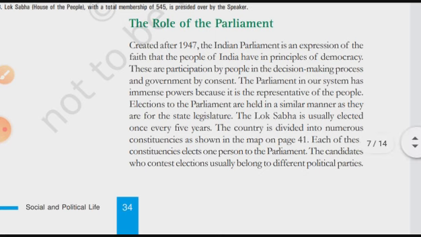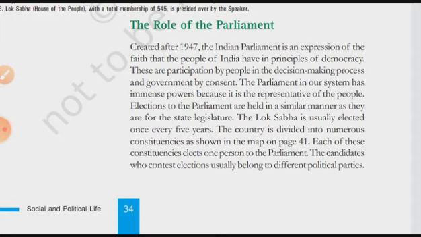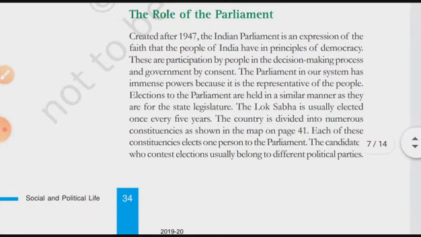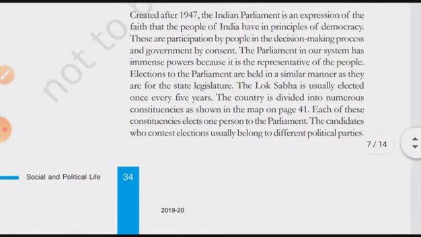Different MPs, members of parliament, are elected by the people and represent their areas, their constituencies, at the central level. That is why huge powers have been given to the parliament, because it is the representatives of the people.